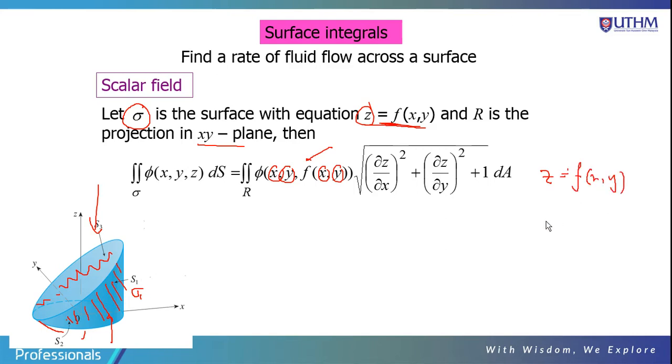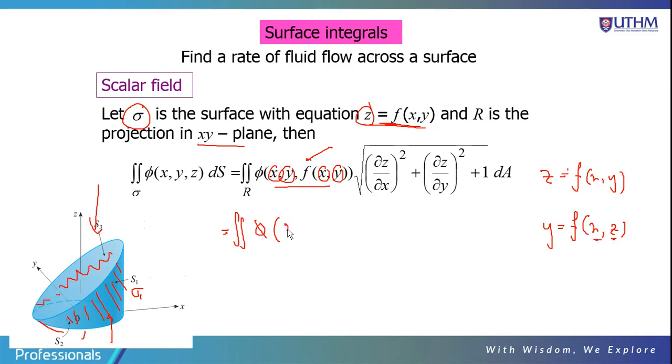So what happens for y? The function is with respect to x and z, the same formula. When you change only this, all this function must be in terms of x and z.